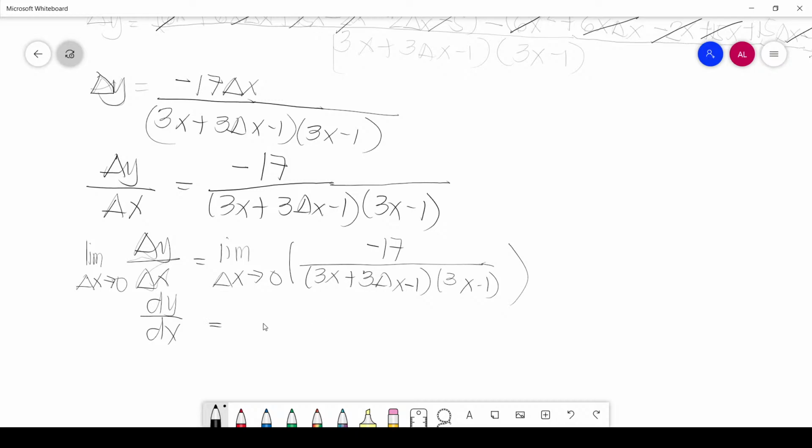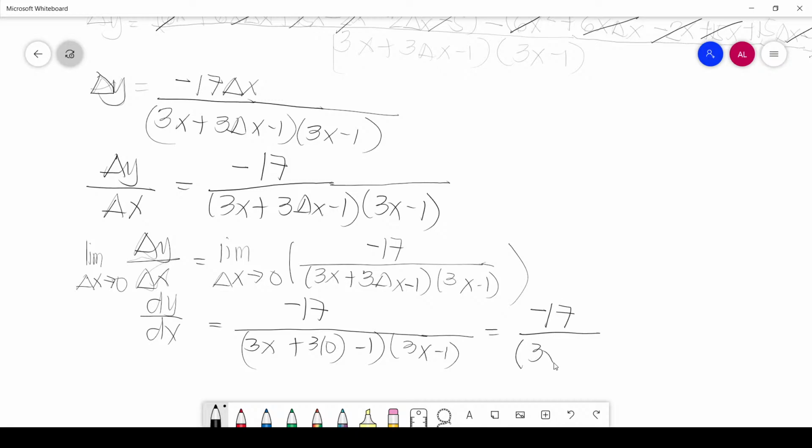So, let's perform. So, this is negative 17 over 3x plus 3 times 0 minus 1, times 3x minus 1, which is equal to negative 17 over 3x minus 1 quantity squared.